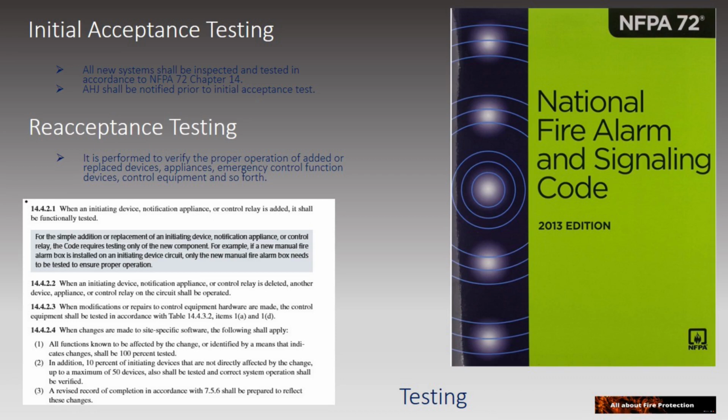System operation shall be verified. A record of completion in accordance with NFPA 72, 7.5.6 shall be prepared to reflect these changes. So these are the requirements when we modify the program or software in a fire alarm system.